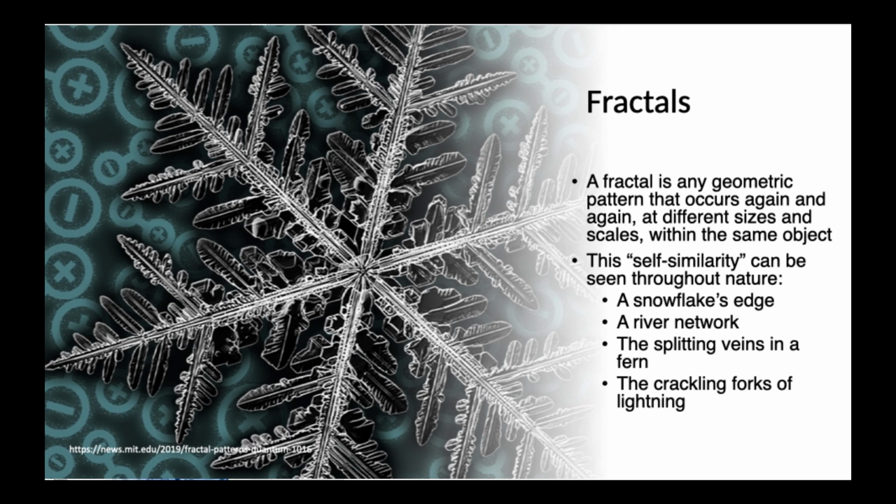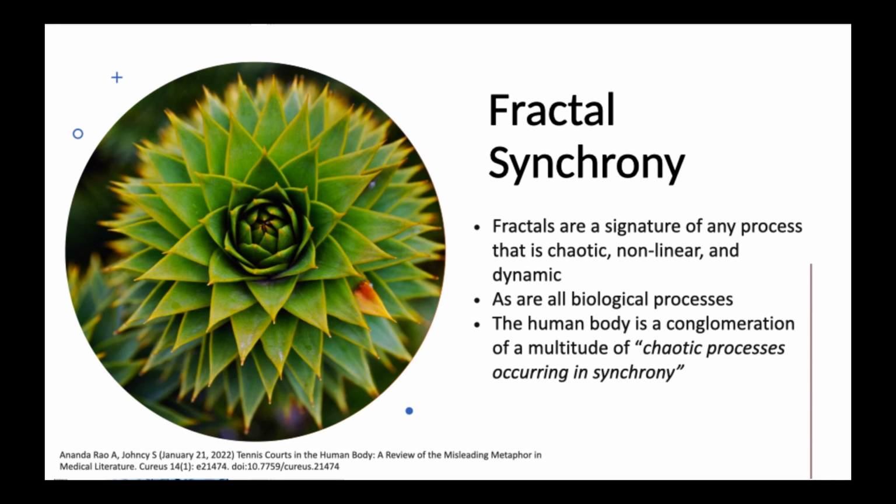And that's what this is about: unfolding these principles, what kind of principles we can see in nature, and then how do we bring those to the modern medical mind. So fractal synchrony, right? This is when we have a process that is chaotic, nonlinear, and dynamic. So all biological processes are this way. You have the chaotic processes occurring in synchrony.